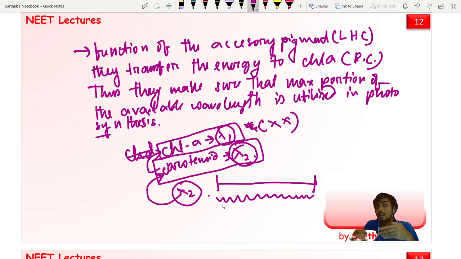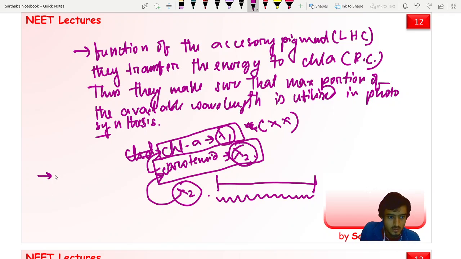Thus, they maximize the photosynthetic ability in different wavelengths. If the suitable wavelength for chlorophyll A is not present, the plant will still photosynthesize in an appreciable amount, because the accessory pigments will transfer the energy to chlorophyll A. You have understood my point, right? Okay.